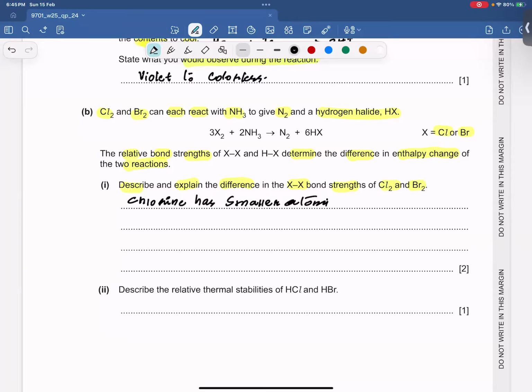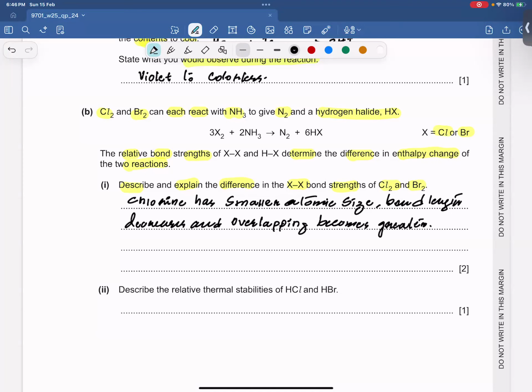Chlorine has smaller atomic size. Bond length decreases. And orbital overlapping is going to be more, all right?